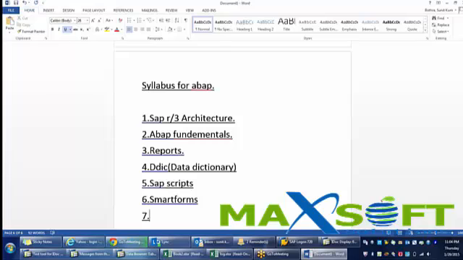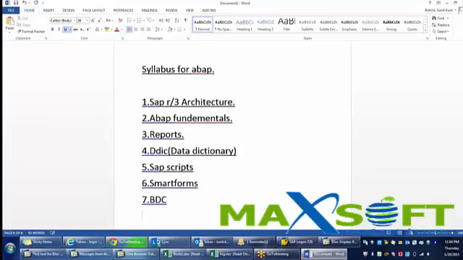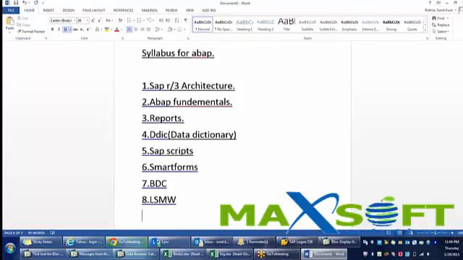And you have data transfer. To upload data from a legacy system to the SAP system, we have various techniques. One of them is BDC, which is batch data communication. Then we have LSMW, the Legacy System Migration Workbench, where very little or no coding is required, basically used by functional people.